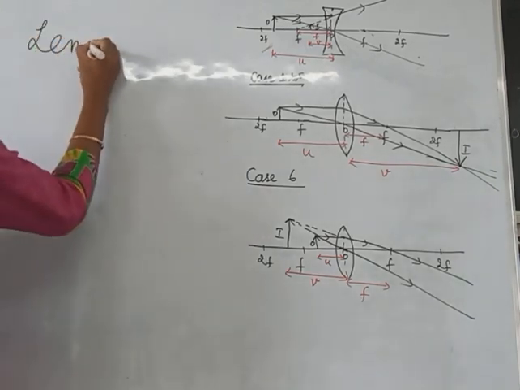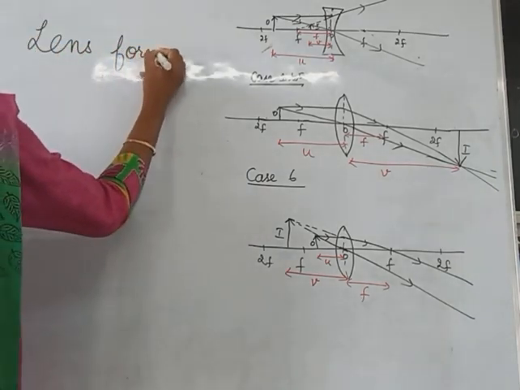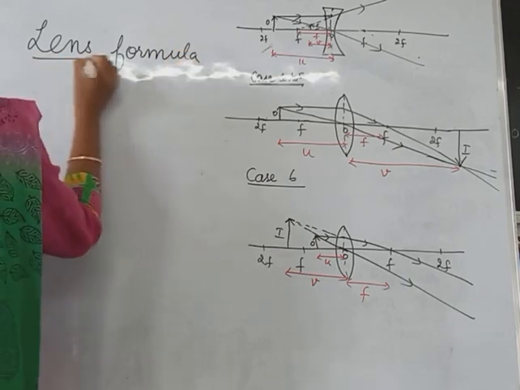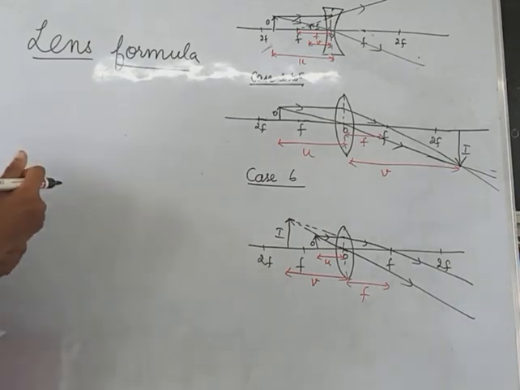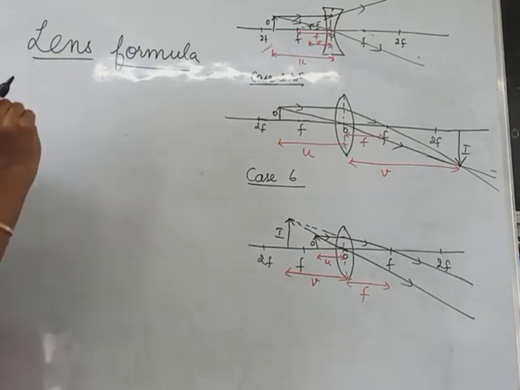So these are basically numericals based on concave and convex lenses. Now first we should know what is the lens formula.